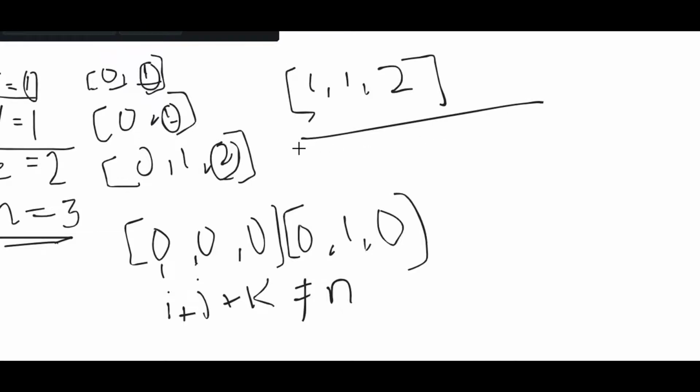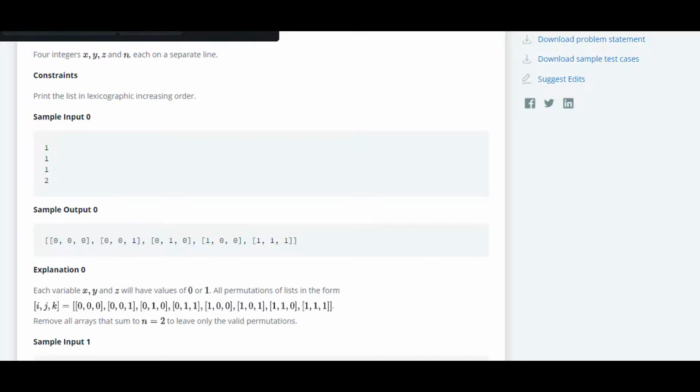So this will be the last permutation. In this case they have considered x as 1, y as 1 and z as 1, so the permutation should include only 0 to the number 1.